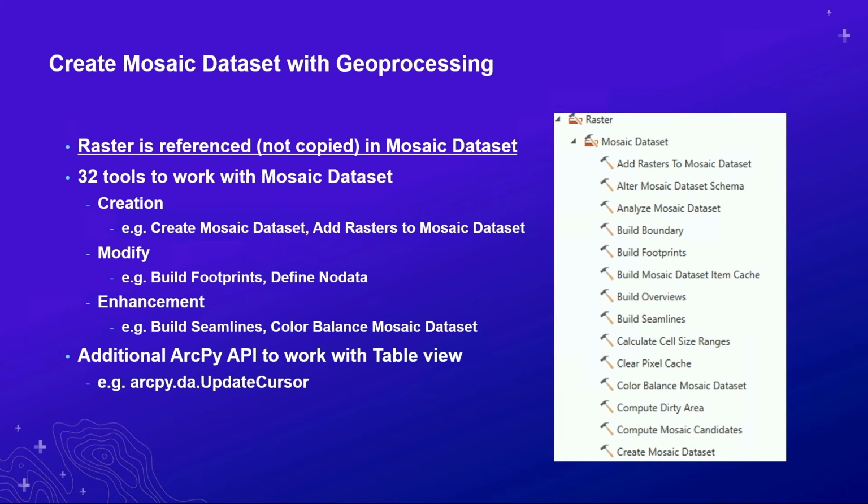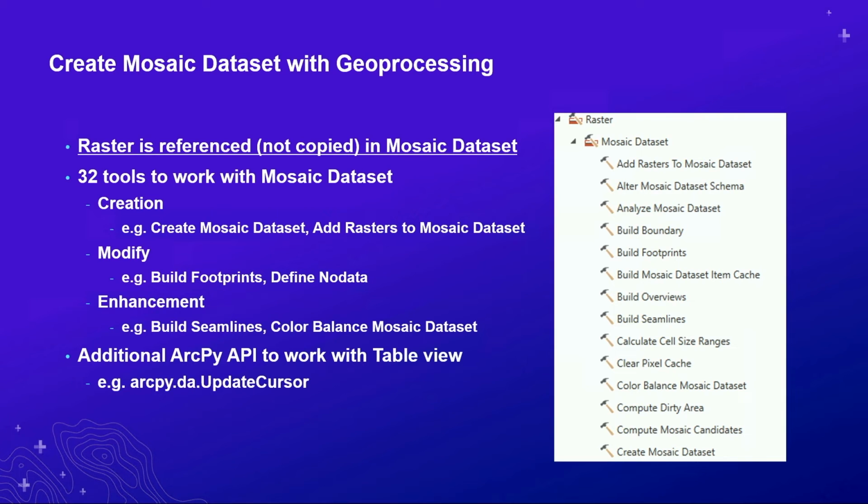The other important thing to remember is that the raster data that you manage through a Mosaic dataset is referenced. It's not copied into the Mosaic dataset. We have over 32 different tools to work with Mosaic datasets, starting from creation: there's the Create Mosaic Dataset tool and the Add Rasters to Mosaic Dataset tool. And there are tools used for modification.